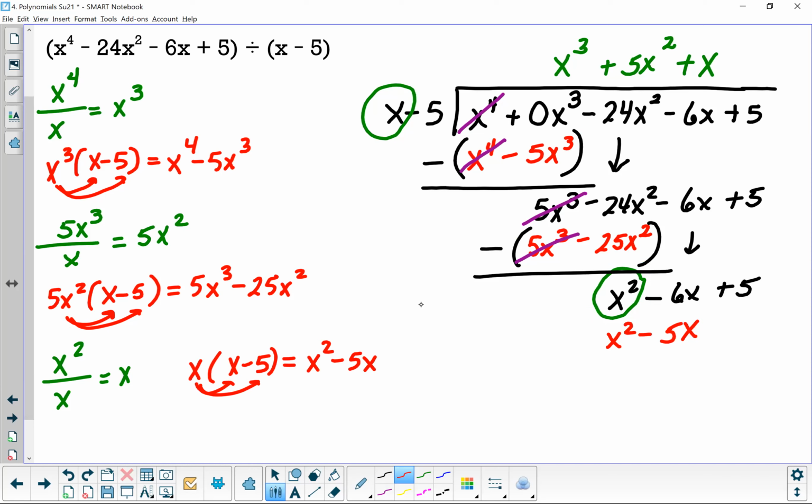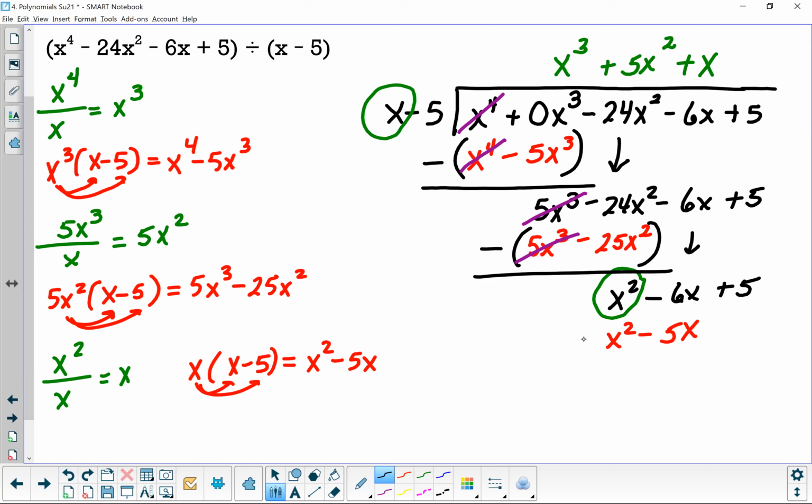Okay, when I subtract, sometimes it's easier for me, instead of putting parentheses around my x squared minus 5x and doing the subtraction sign, since I know that minus is being distributed to the x squared and to the minus 5x, it's just simpler to distribute that immediately.